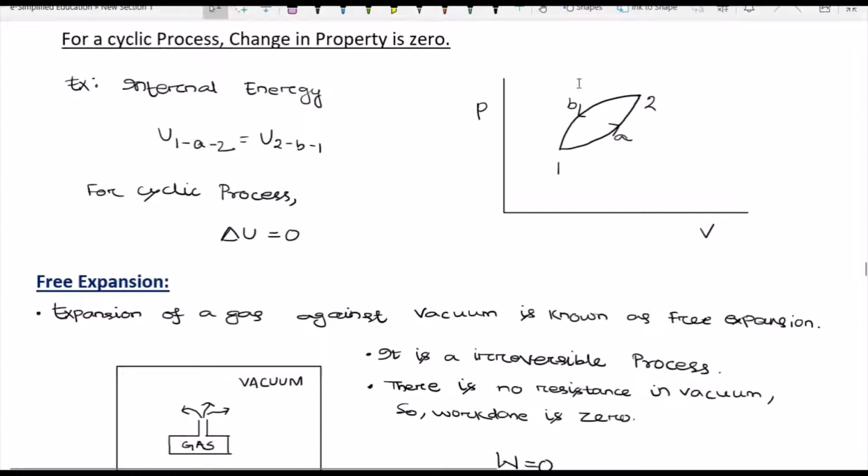As you know, internal energy is a point function, that means it only depends on the initial and final points. So for this path and this path, the internal energy will be the same. That's why U1A2 will be equal to U2B1. So for this cyclic process, the change in property, that is delta U, will be 0. Any property you take for a cyclic process, the change will be 0.